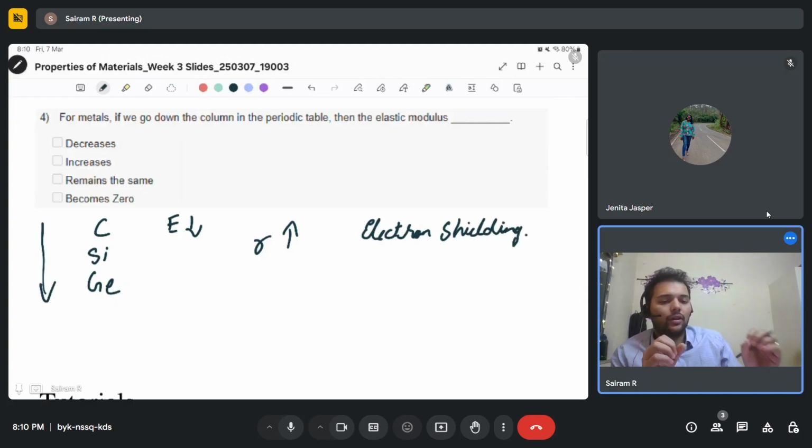The nucleus of these atoms has a very tough time influencing a secondary atom because of the shielding effect of the electrons in the existing atom. Because of this effect, as we go down, the elastic modulus decreases.